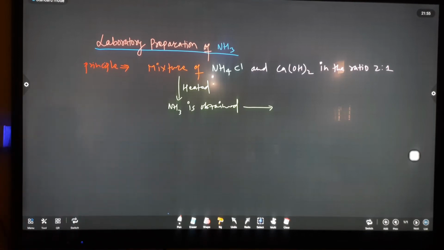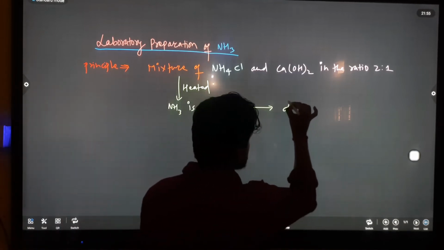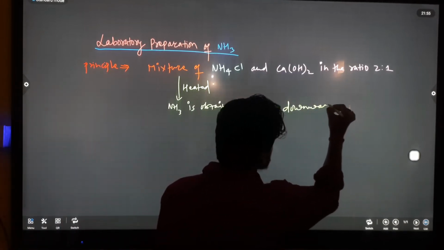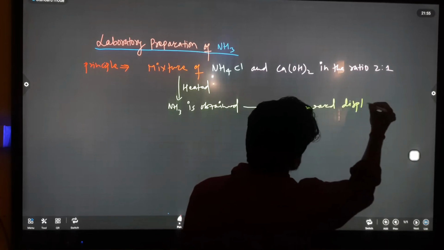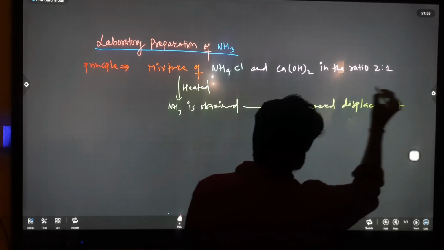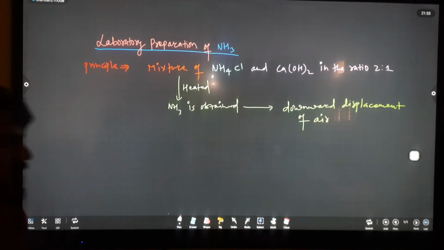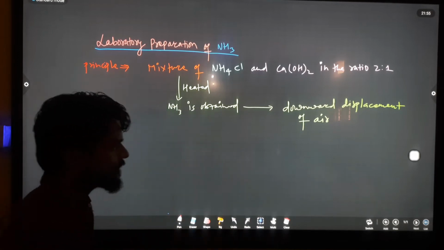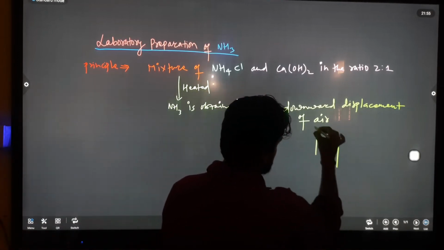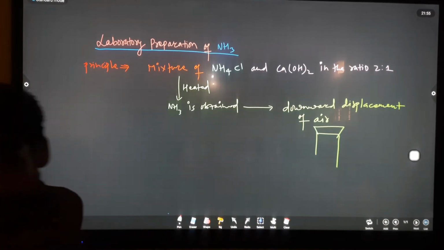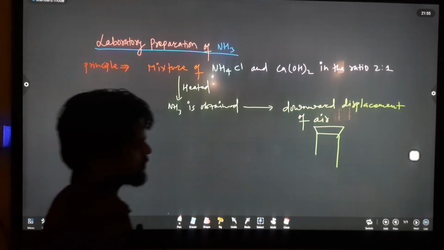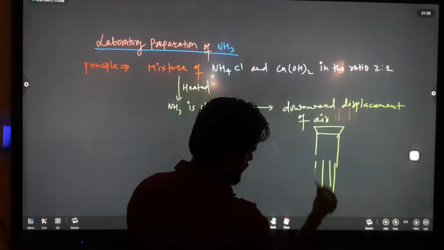Ammonia is collected by downward displacement of air. It is lighter than air. Carbon dioxide is heavier than air, but ammonia is lighter than air. That's why downward displacement of air. Air goes down, so you keep the gas jar inverted.